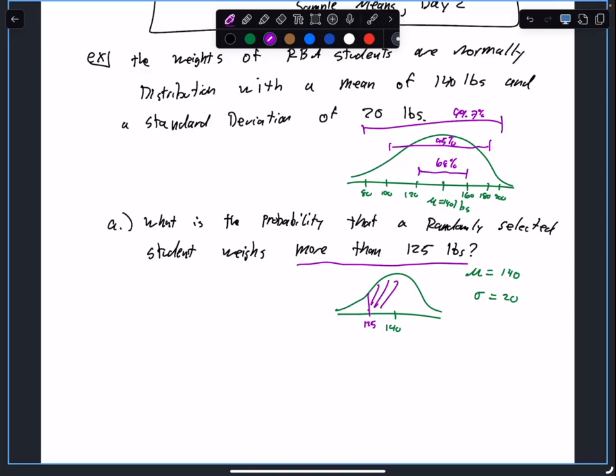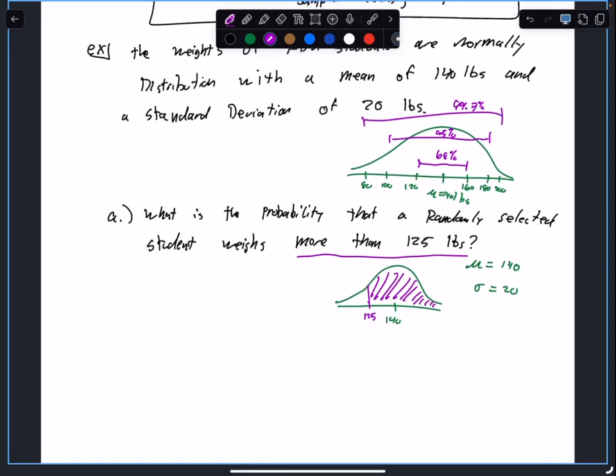So here's 125, and I want to find the area right there, because the area above that, which is again what we did in the last unit, represents the probability that a randomly selected student weighs more than 125 pounds. Now, we're getting a better than 50% chance, right? If the probability is more than 0.5, I know that for sure, because if the average student weighs 140 pounds, it seems more likely than less likely that I would select a student that weighs more than 125 pounds. So the answer is somewhere greater than 0.5, of course, less than 1.